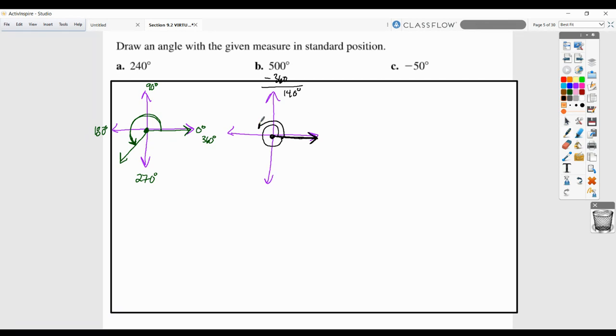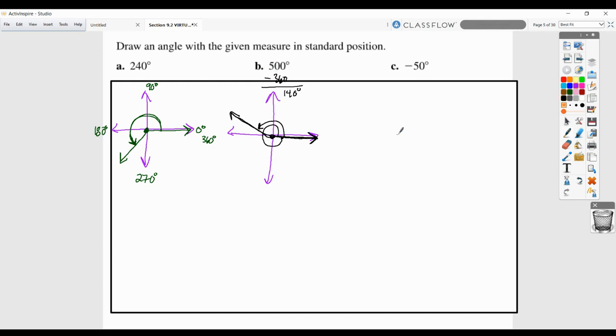That's where I'm going to end, and I show that, and I put my terminal side. So this is my angle measurement. There it is. I'm showing that I'm looping around once, and then ending about right here. That would be 500 degrees.